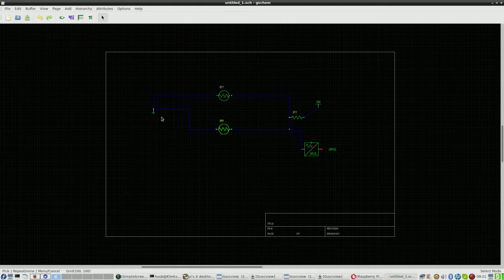So the schematic is the ground and the voltage, 3.3 volts, although it can have 5 volts, no problem about that, and a 100 kilo ohm resistor.